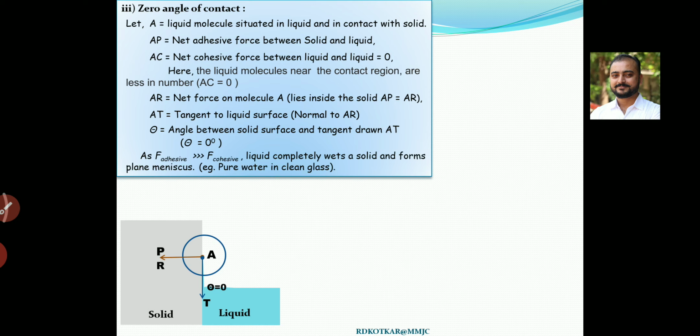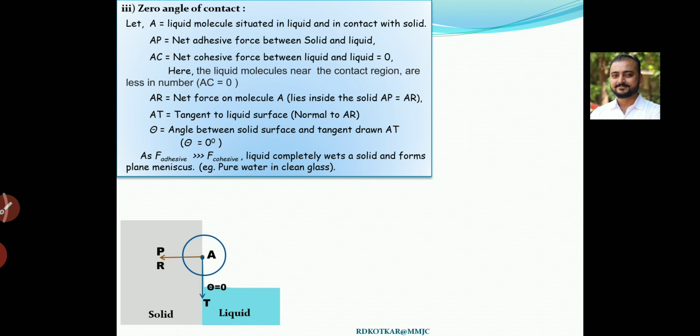And now in this manner we can say the adhesive force acting on molecule A should be very, very greater compared to the cohesive force acting on the liquid molecule. Why is this so?